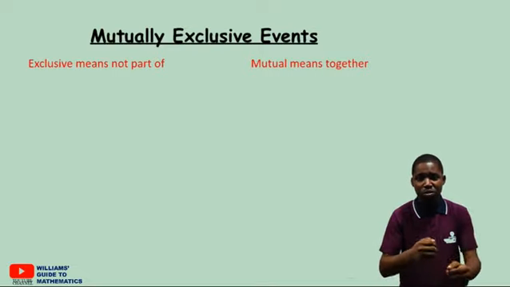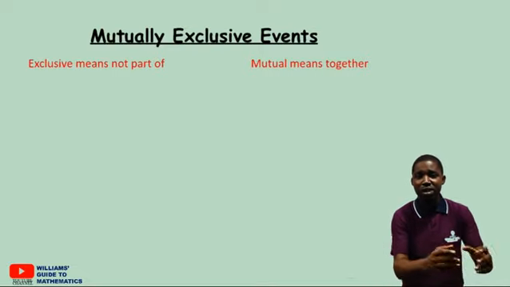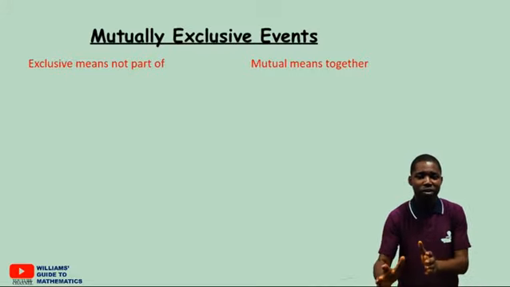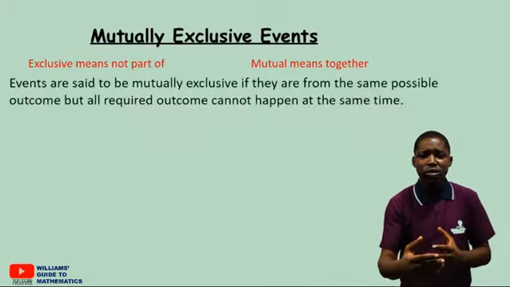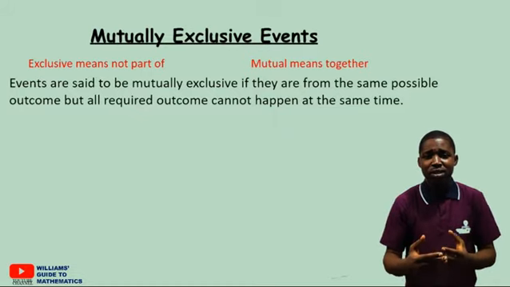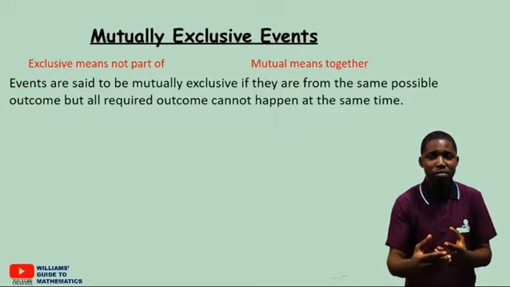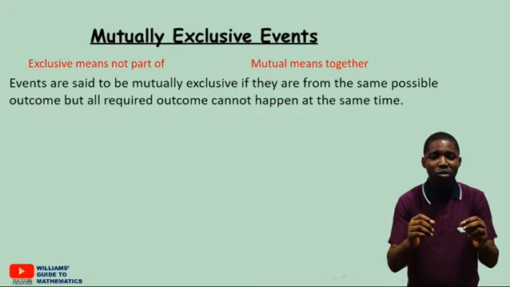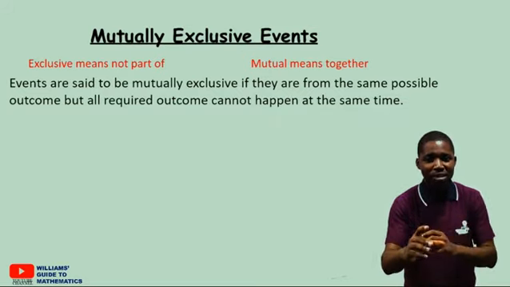We can draw out several events from the same source in such a way that one does not have an effect on the other. So I can say mutually exclusive events are those events that have the same possible outcome, but the required outcome cannot happen at the same time.